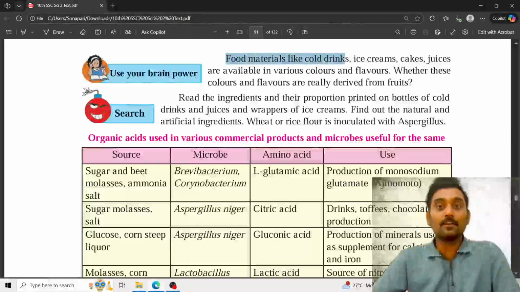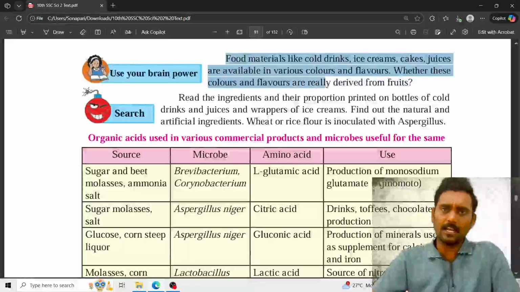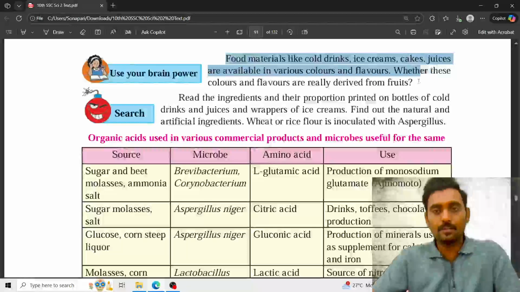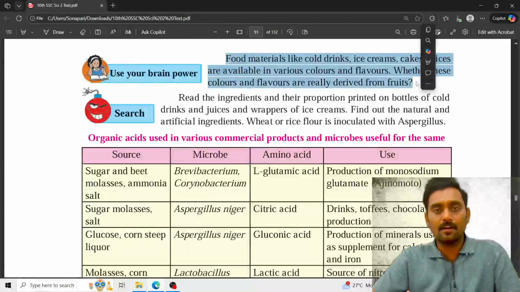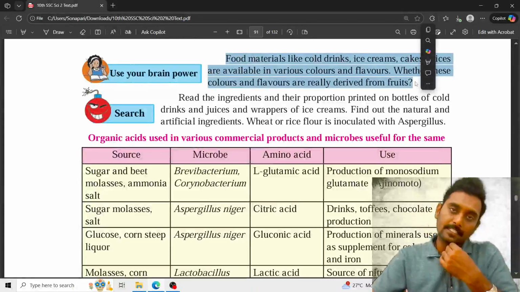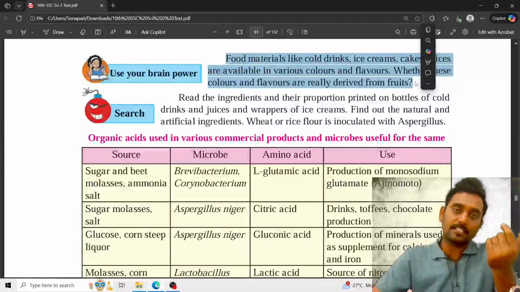Food material like cold drinks, ice creams, cakes, juice are available in various colors and flavors. Whether these colors and flavors are really derived from the fruits, is it original or is it really real? No, beta. Some chemicals or some enzymes or some microbial things are added inside it, due to which it gets a typical kind of taste or it gets a typical type of color.